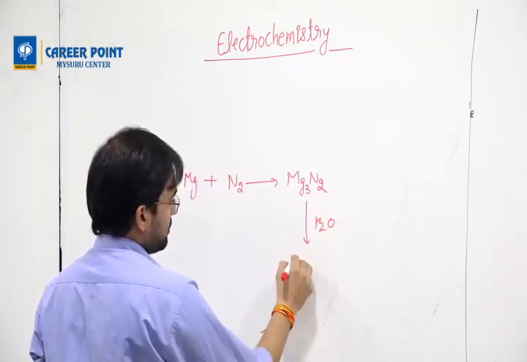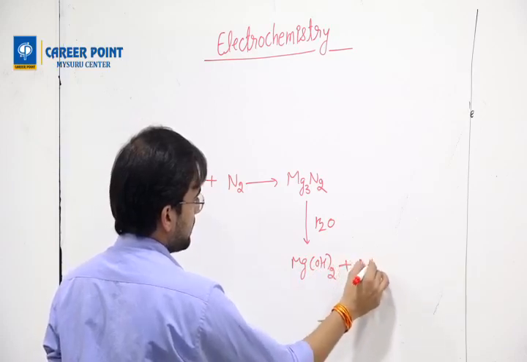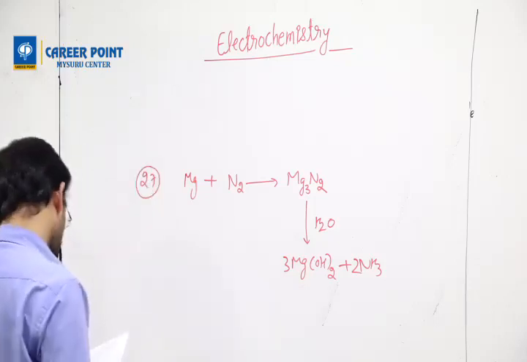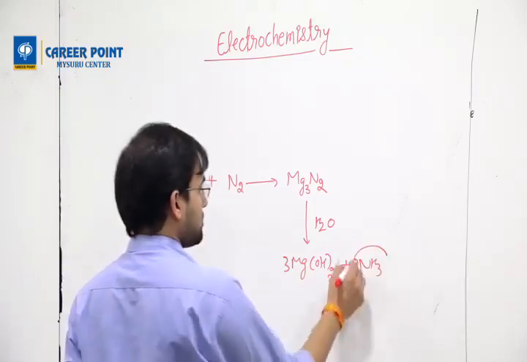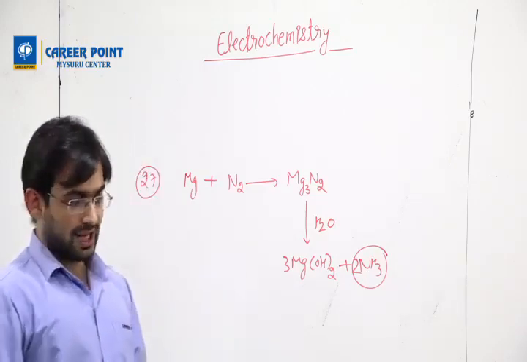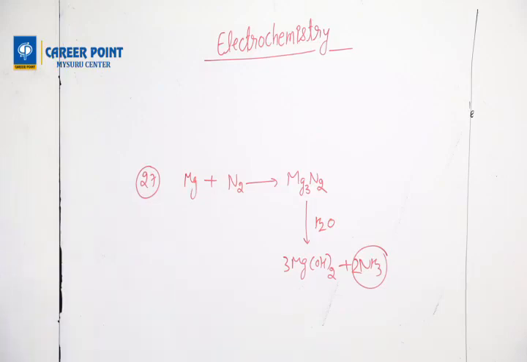If you add, it will form Mg(OH)2 plus NH3, that is Mg3N2 + 6H2O gives 3Mg(OH)2 + 2NH3. So the gas evolved is ammonia. Okay, done? Okay, good job. Those people who are not solving, try to solve them.